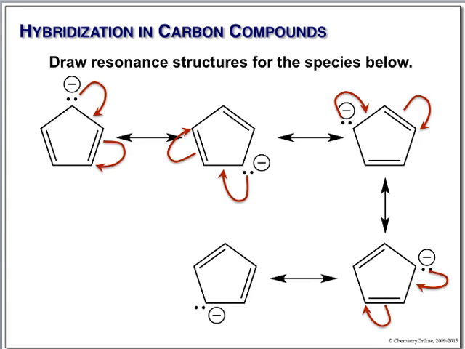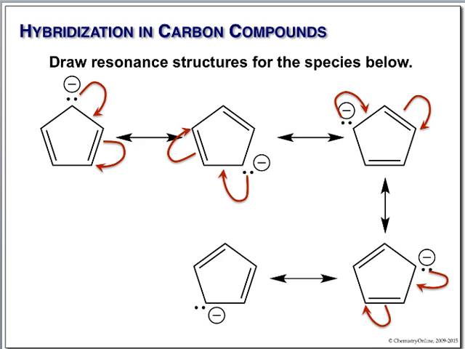And if you're keeping score, we have now placed the negative charge on each of the ring carbons. They each have a minus 1/5 charge. Again, we have spread out the negative charge. That makes it stable.